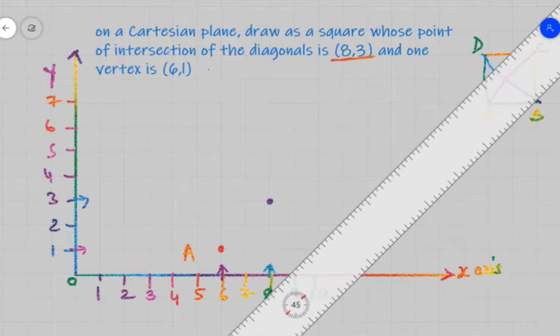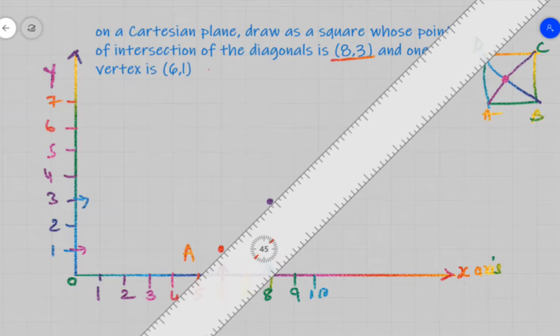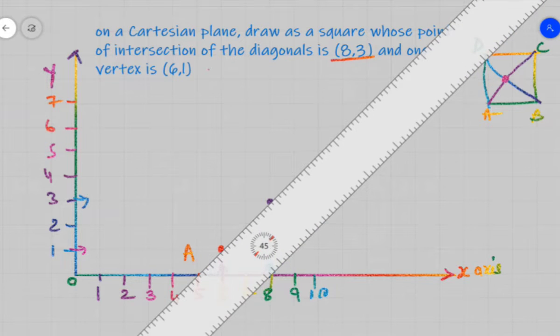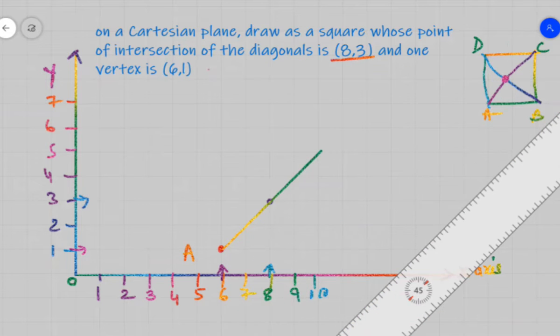You just have to take 45 degrees, because, as you have just seen, each angle is 90 and the diagonals are at 45 degrees at each vertex. See, 2 units from here, so again 1 and 2. So your B point is this one.